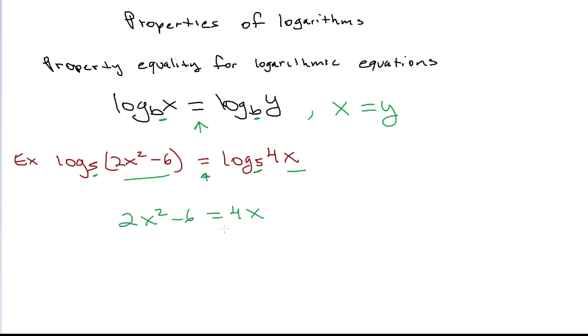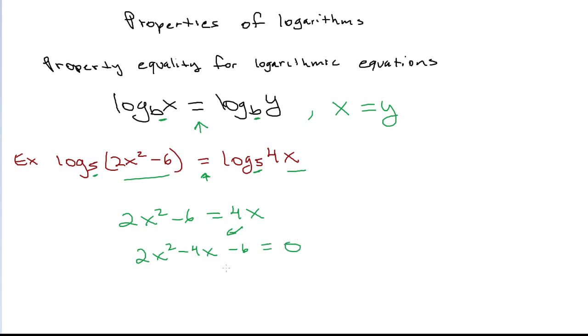Okay, so I would try to get everything on one side, because I can't combine like terms. So I would move the 4x to the left side. Remember, you need to use the inverse, so I would get 2x squared minus 4x minus 6 is equal to 0.